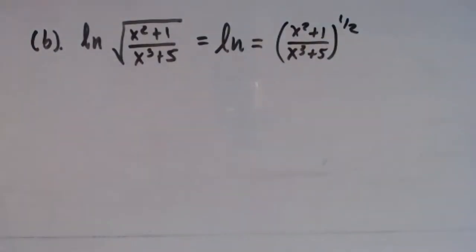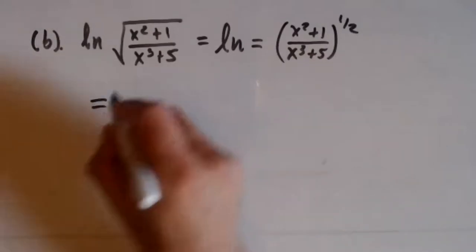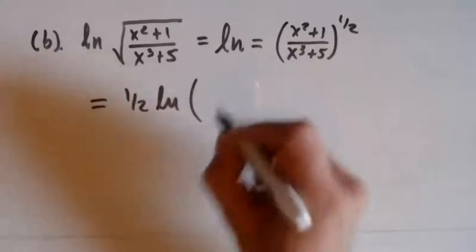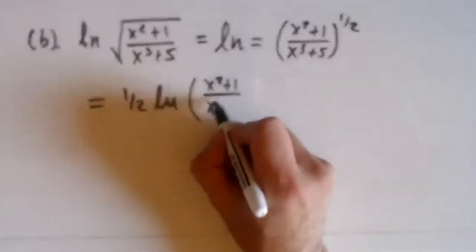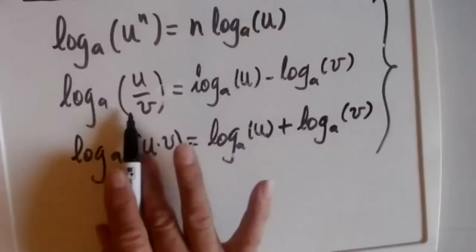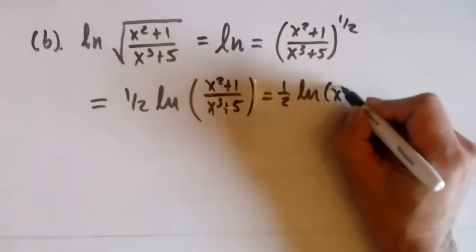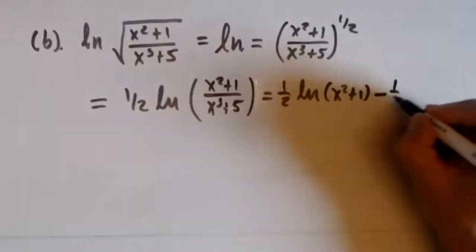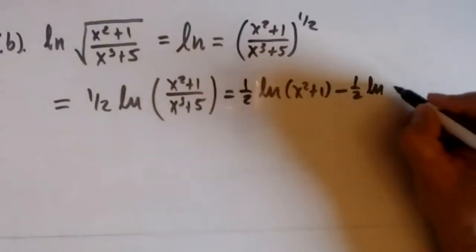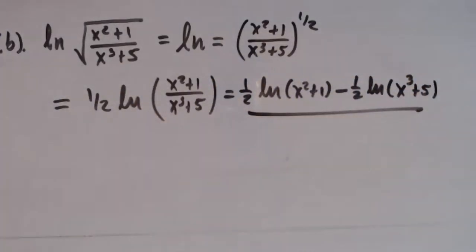Again, remember your logs. I have to use the power rule. So this is going to be 1/2 ln of x squared plus 1 over x cubed plus 5. Using the corresponding quotient rule, this is going to be 1/2 ln of x squared plus 1 minus 1/2 ln of x cubed plus 5. And this is my answer.